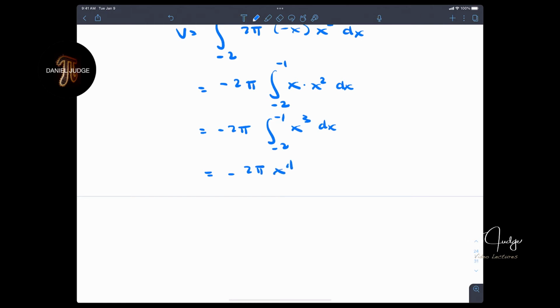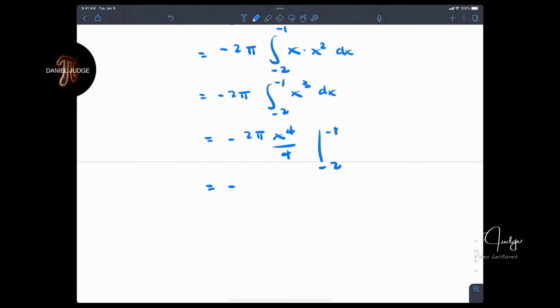Negative 2 pi x to the fourth over 4, from negative 2 to negative 1. I'll say negative pi over 2 x to the fourth, from negative 2 to negative 1.